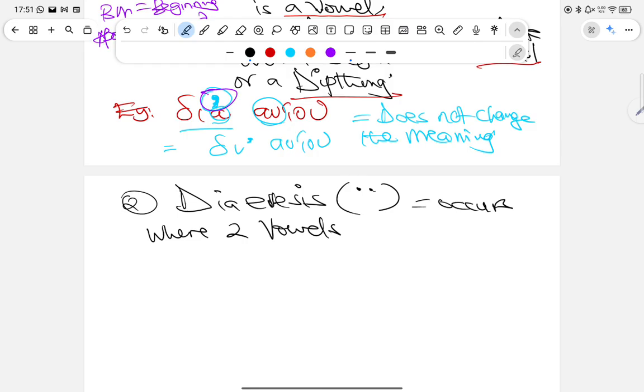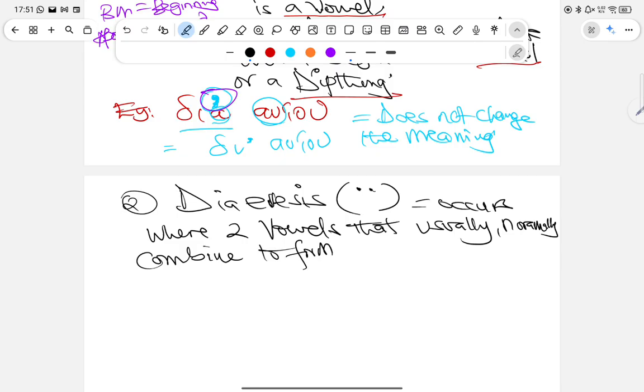Okay, two vowels that normally combine to form a diphthong are pronounced separately.